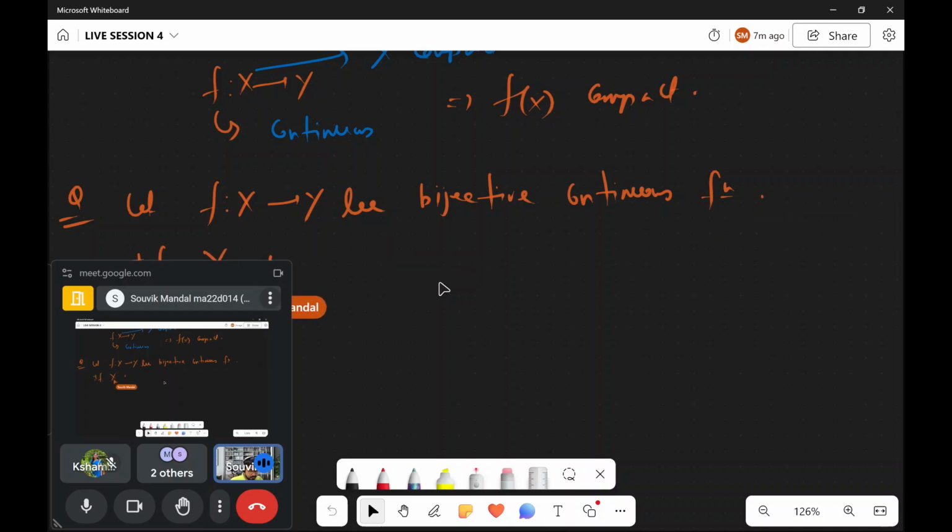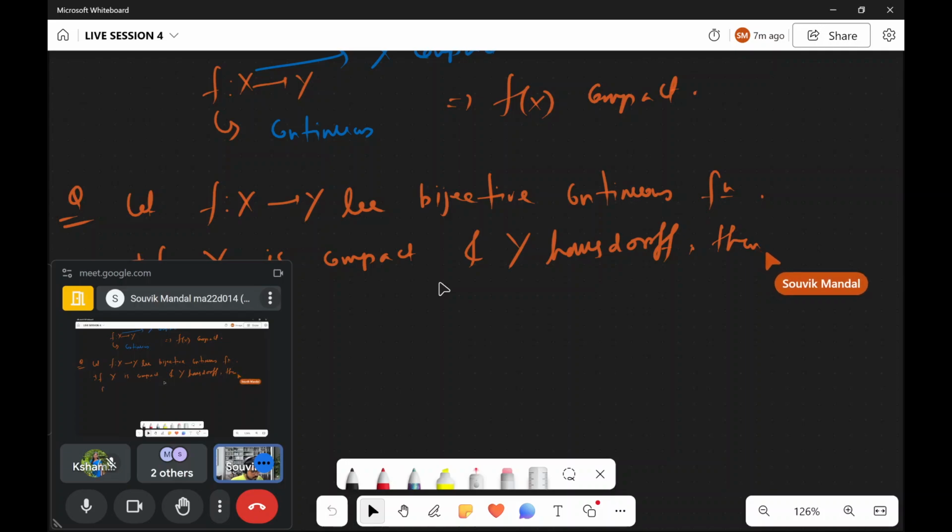If X is compact and Y is Hausdorff, then f is a homeomorphism. Are you aware of this fact? That is, you have some bijective function, domain compact, codomain Hausdorff. Then the given bijective function will be a homeomorphism. Yeah, it's a very strong fact. But are you aware of this fact?